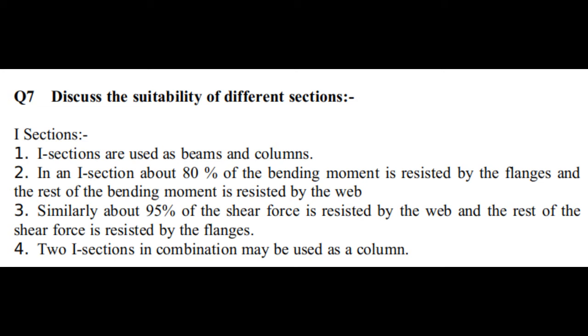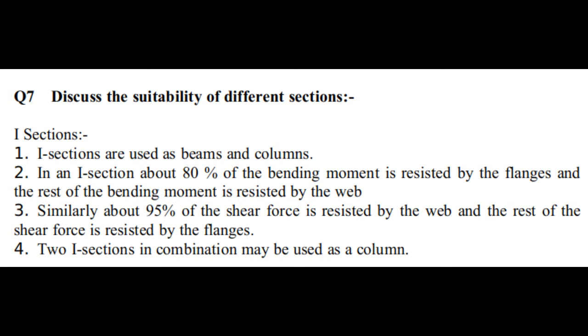For example, if you are asked to discuss the suitability of different I sections, where are the I sections used? They are used as beams and columns. But the important thing about the I section is that 80% of the bending moment is resisted by its flange, and the rest of the bending moment is resisted by the web.